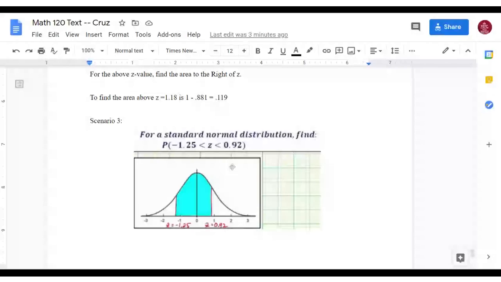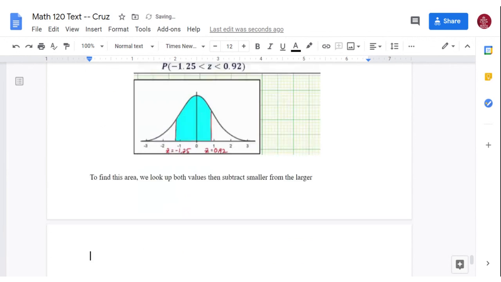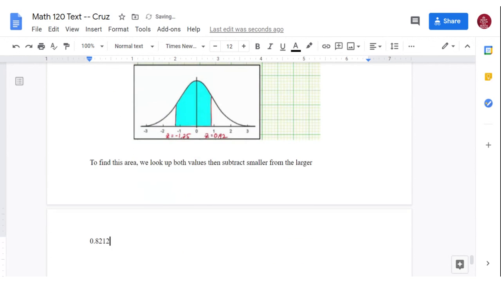All right, so we're looking for between 0.92 and negative 1.25. To find this area, we look up both values, then subtract the smaller from the larger. So that's the one that we looked up over there for the 0.92.